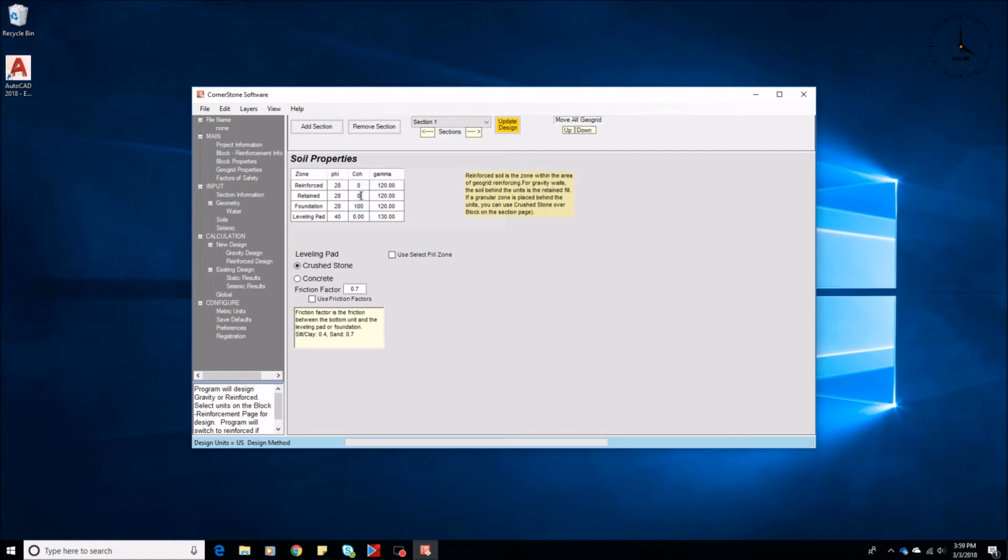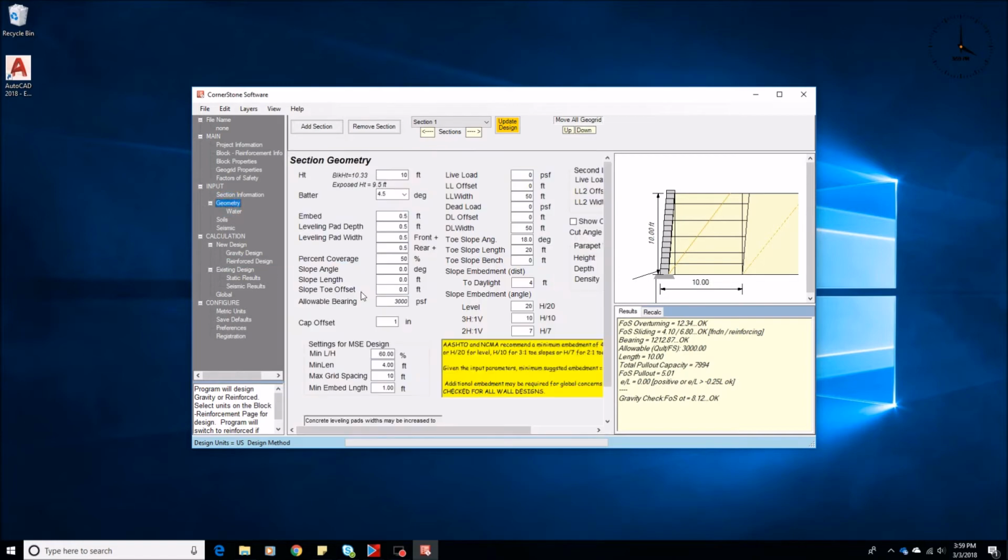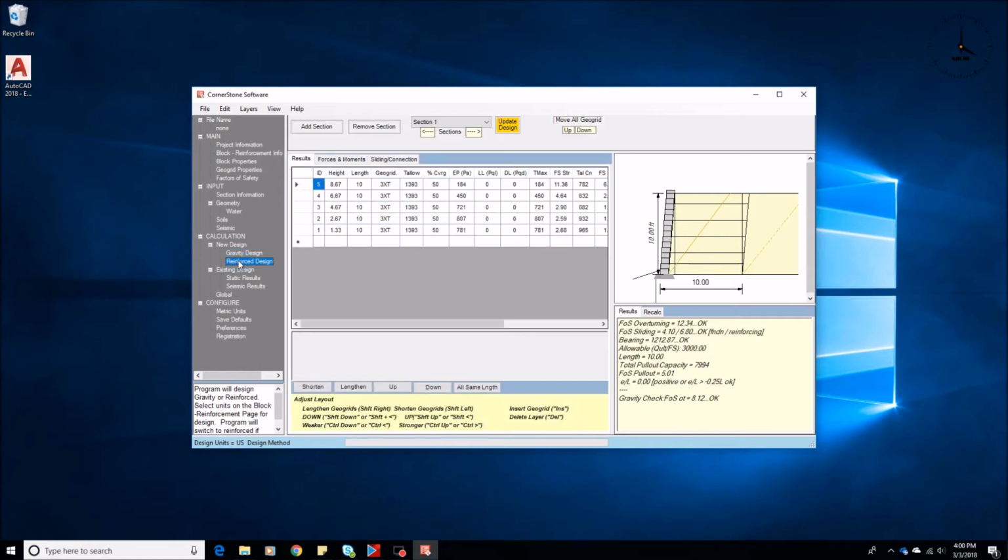And if we take a look at the results, we do a reinforced design, 10-foot high wall, 10-foot long geogrids. I don't know why they're so long. Oh, right there. Max geogrid spacing, well, that was 2 feet. Minimum grid length 60%.